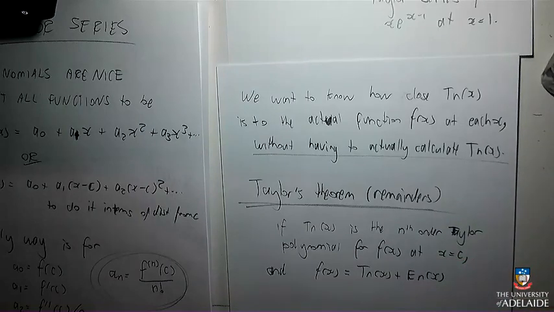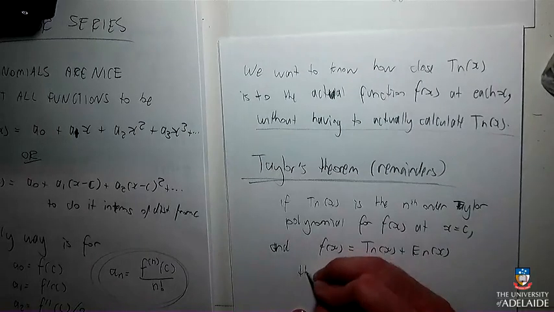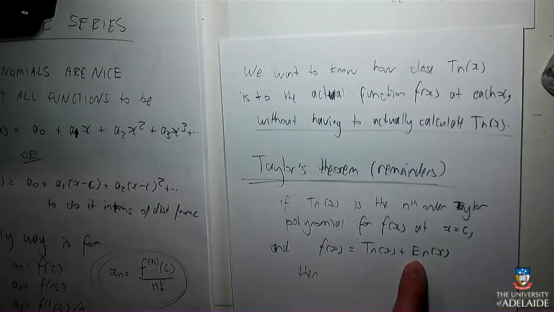In some places on the internet and in some of my past revision seminars, they use an R in that spot for remainder instead of an E for error. Just letting you know. So En(x) is the space between the Taylor polynomial and the actual real function.